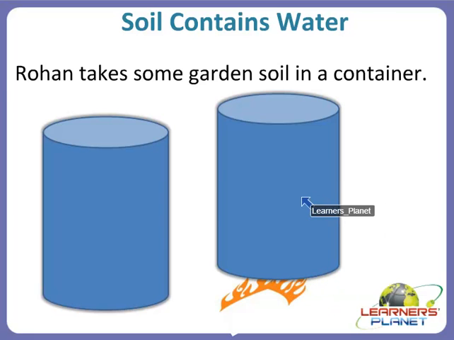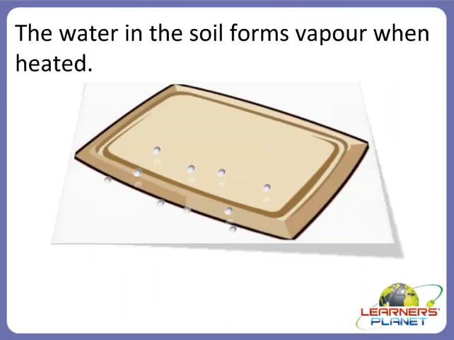So we can see in the picture that the container has been covered with a lid, and an adult heats the container over a low flame. Now what happens? What did Rohan notice?